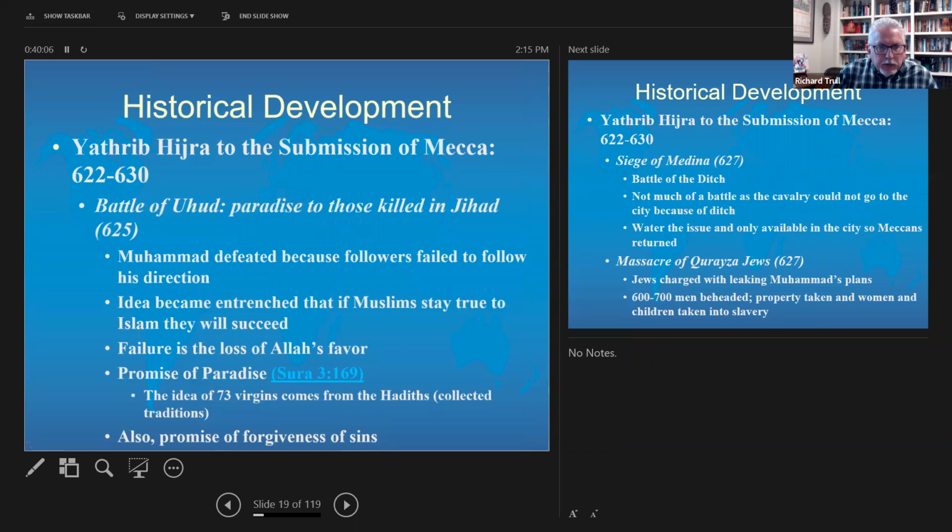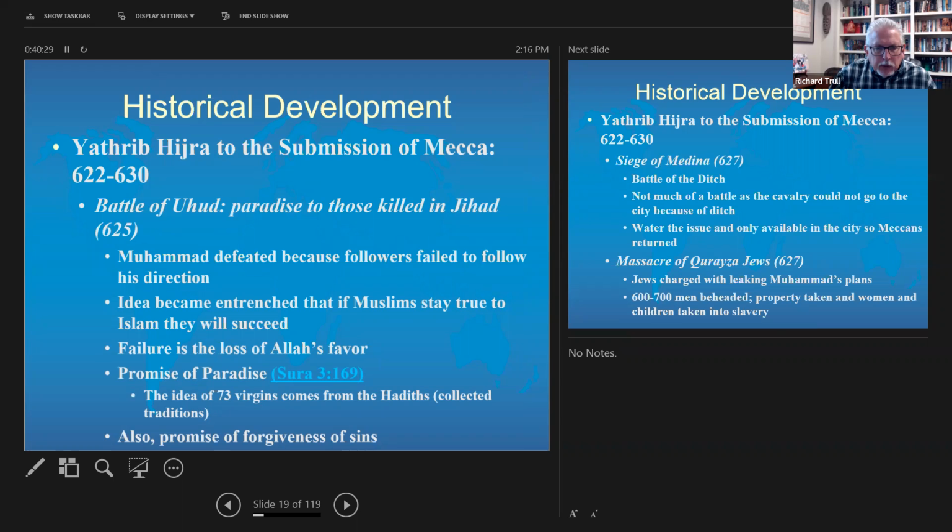Well, there is the Battle of Uhud. This is where you get Surah talking about those who die in a jihad getting the promise of paradise. Muhammad is defeated because his followers failed to follow his directions, was the way he thought about it.